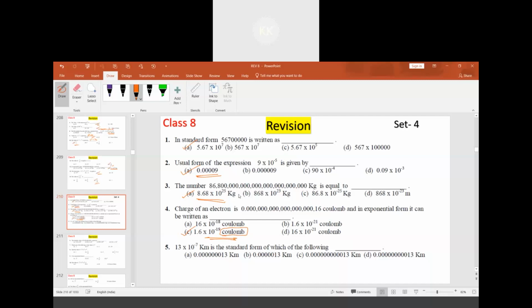Likewise, you will get a huge number in the gravitation chapter.